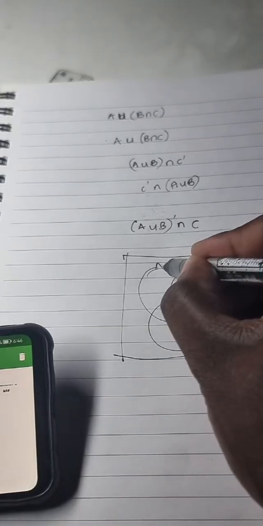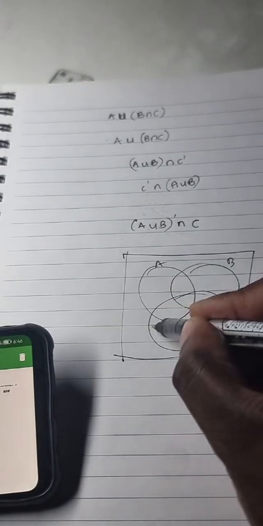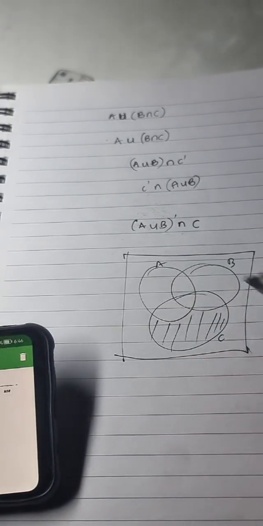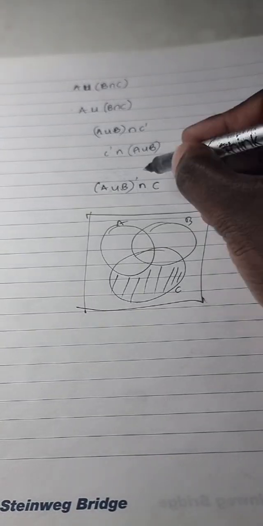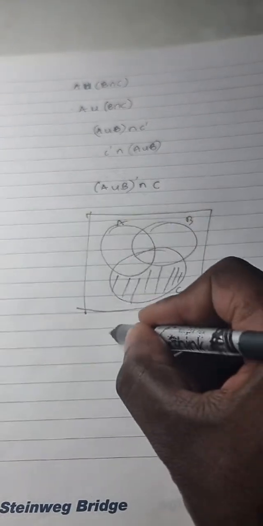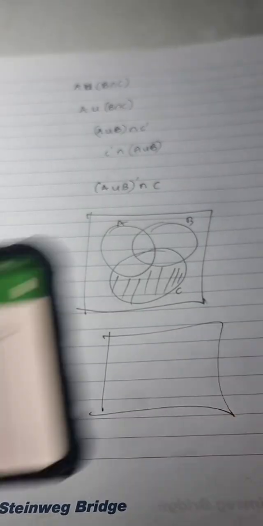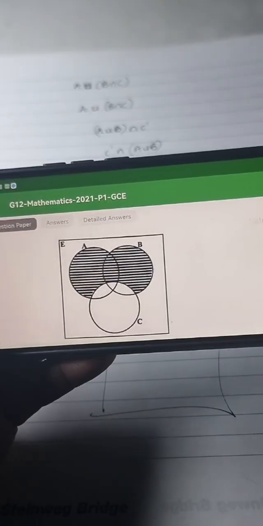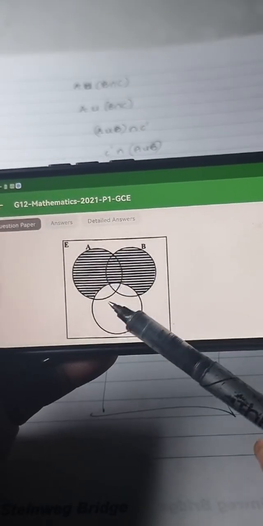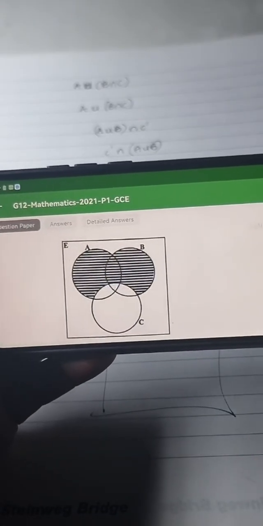It's opposite. A, B, C would have only shaded this part. So the one who's supposed to have a complement is C, because they didn't shade C.